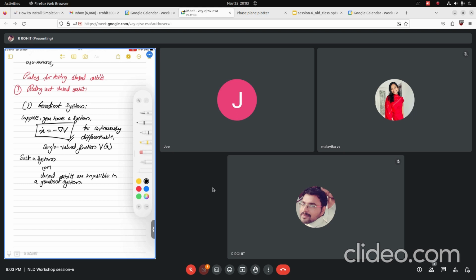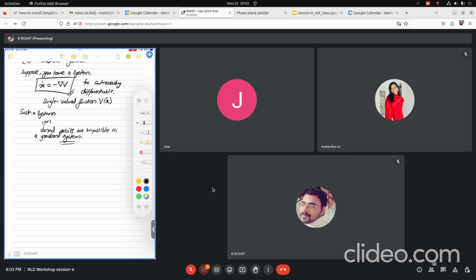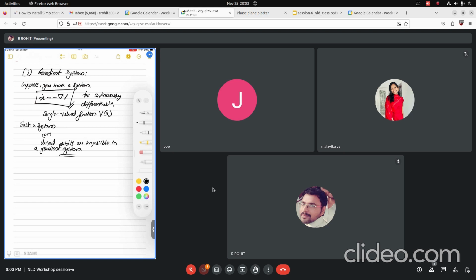So if you have an equation for a system, and you are able to bring it to the form x dot is equal to minus del v, then you can say that the gradient system will never exhibit a closed orbit.